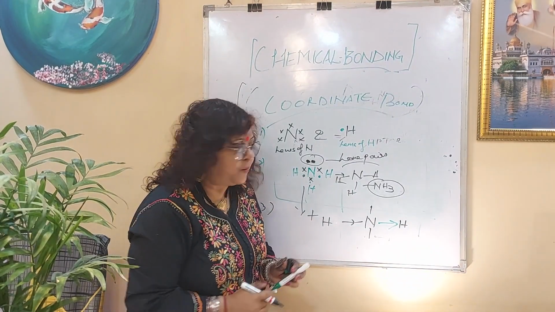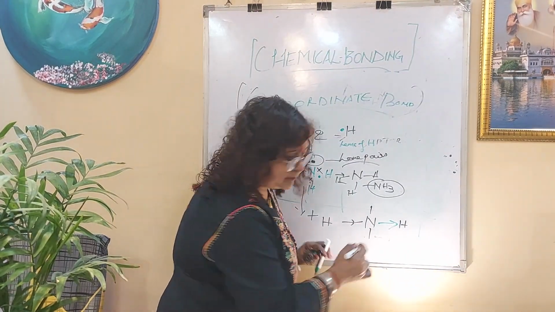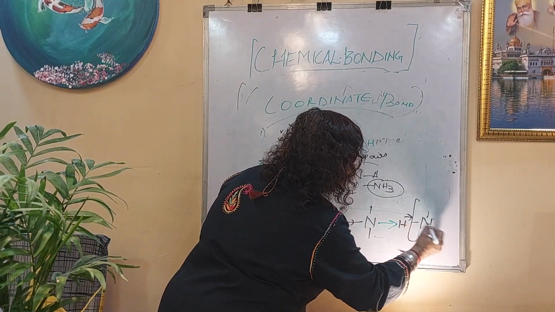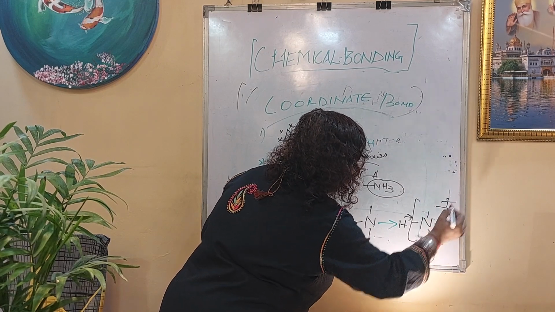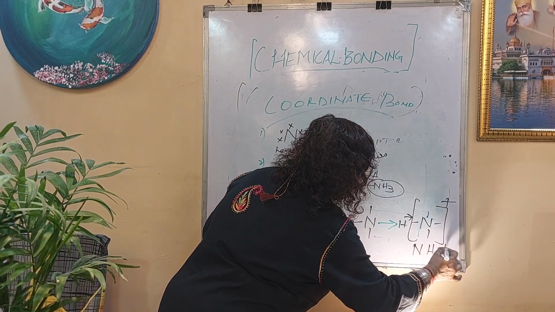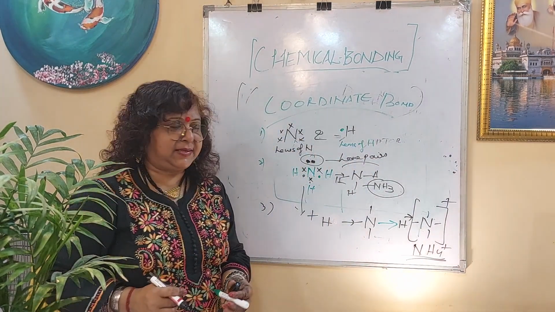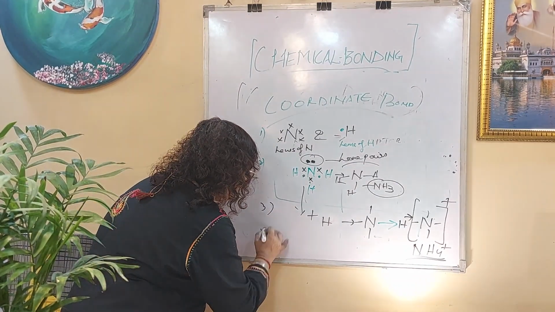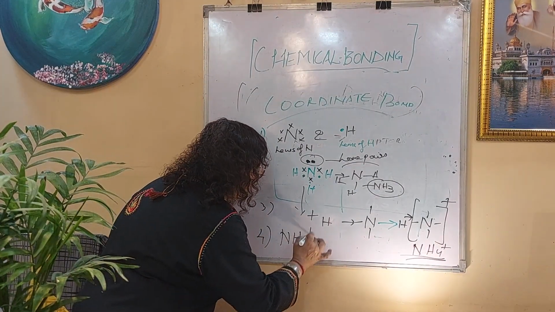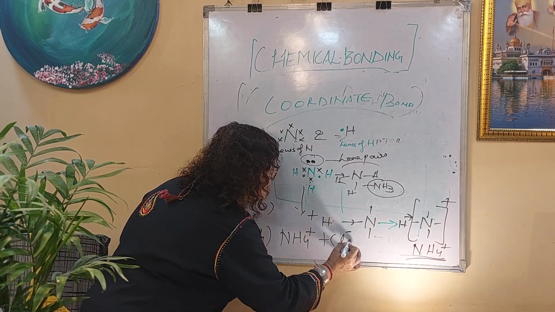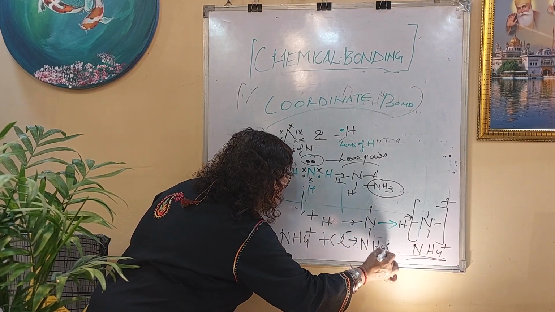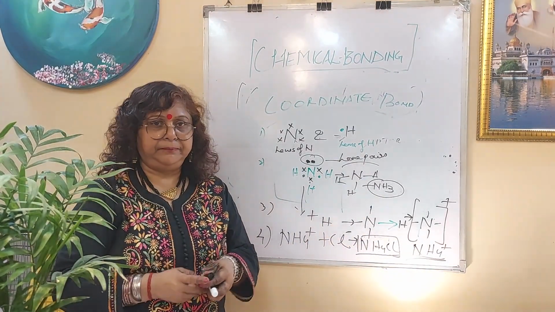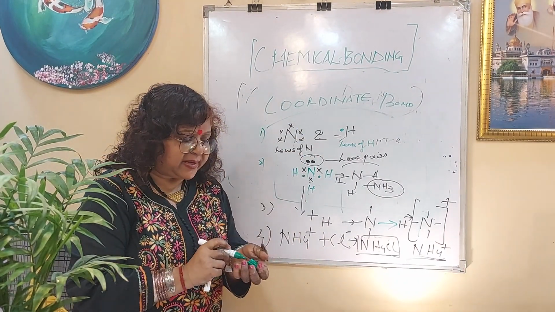The hydrogen will take that lone pair and the compound will become NH4 plus. And this NH4 plus can further combine with chlorine, which I am not showing you here. NH4 plus Cl minus will form NH4Cl. Got it? Three steps. Very interesting and very nice.